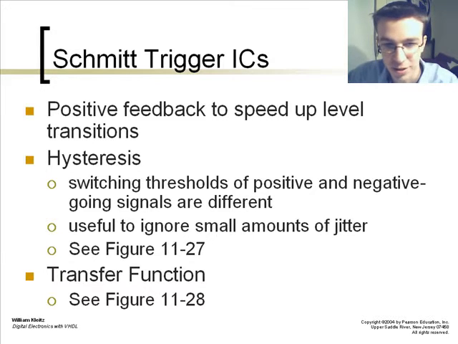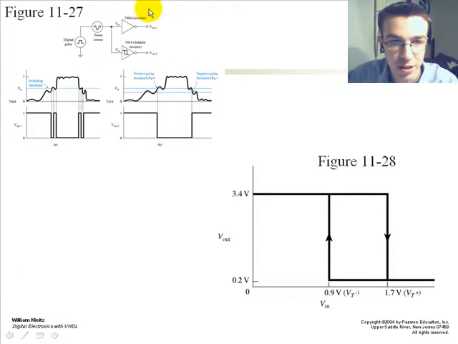Hysteresis is a switching threshold of positive and negative going signals that are different. It's useful to ignore small amounts of jitter. This is shown with the jitter in figure 11-27. You could ignore that and correspond it to the lower waveform, which says it's either 1 or 0, and then the same with this one.